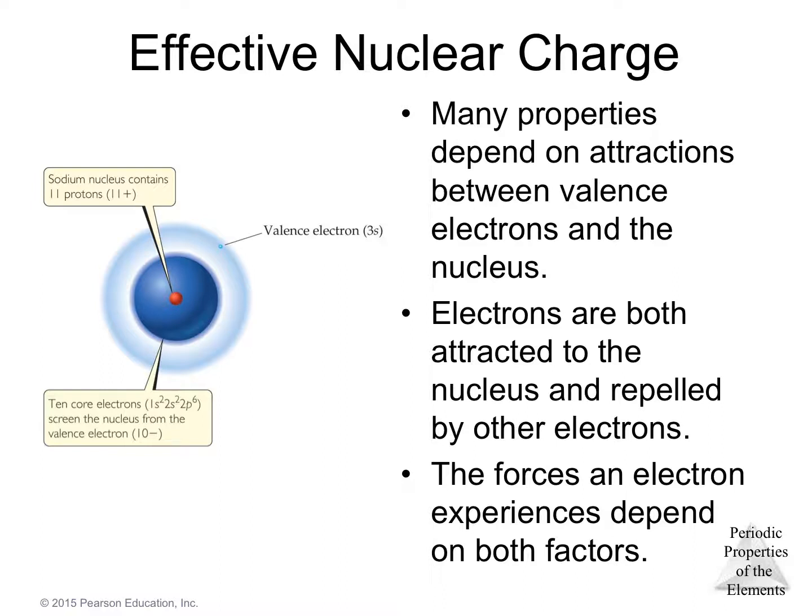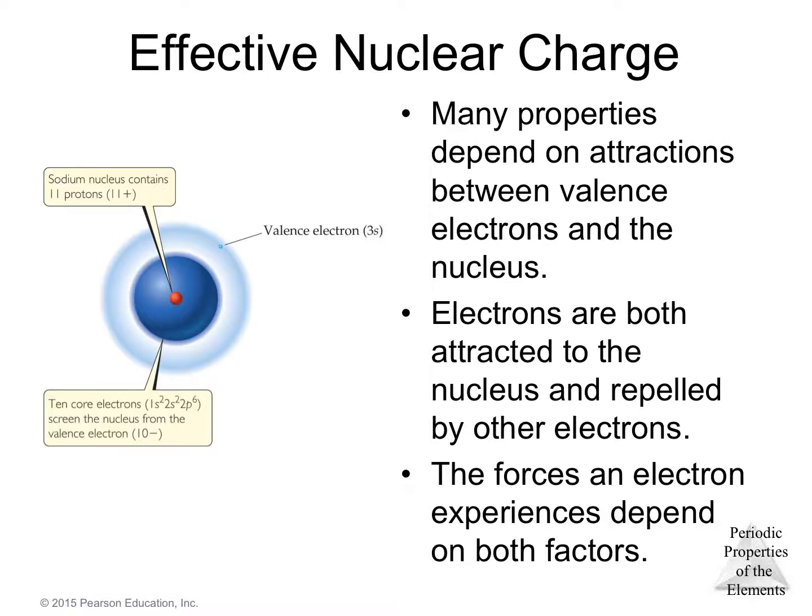Here you have a diagram for sodium. Sodium has 11 protons, which means it also, for a neutral atom, has 11 electrons. 10 of these electrons are in inside energy levels, and 1 electron is in the outside energy level. We call that a valence electron.